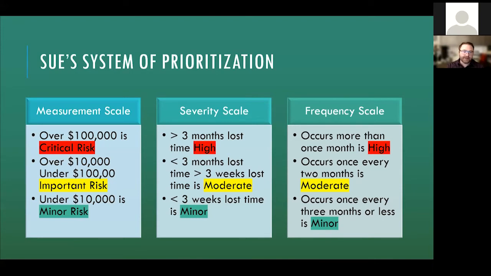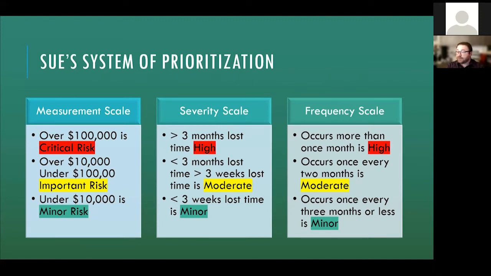If it has that type of tag to it, it's a problem. So car wrecks, fires, floods, all of that could put them out of business. Over 10,000 but under 100,000, that's an important risk. That's going to possibly affect our day-to-day operations. We may have to borrow money to stay in business, and then anything under 10,000 is a minor risk.